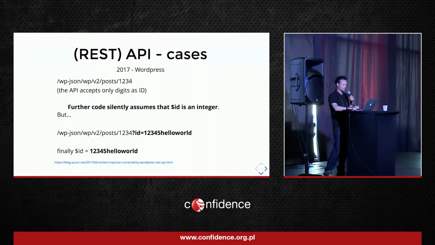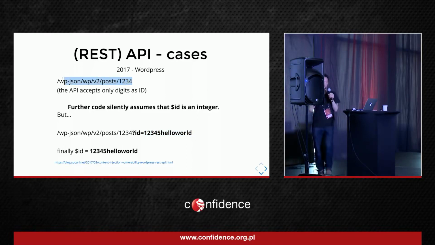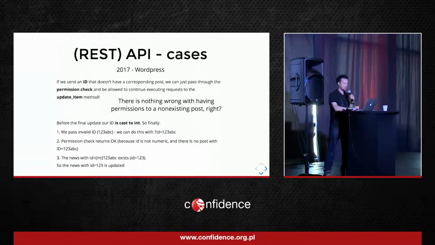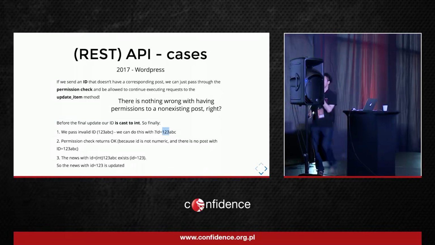But alternatively, you can pass this ID twice. So this and this. And if you do this in the standard way, this is pretty secure, no vulnerability here. But if you put something like double ID here, let's see what happens. So for example, we want to edit this post with number 123. So we provide, after question mark, this 123ABC.